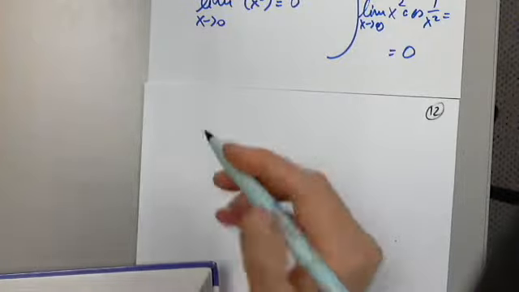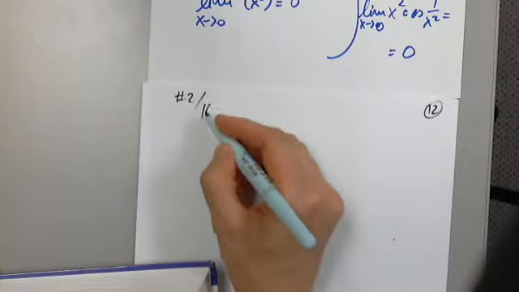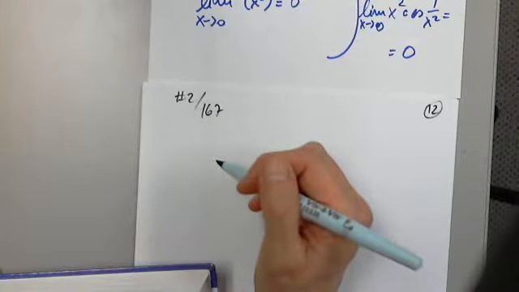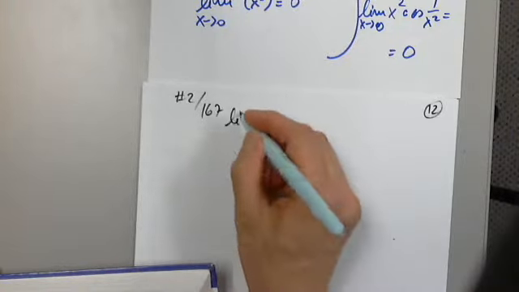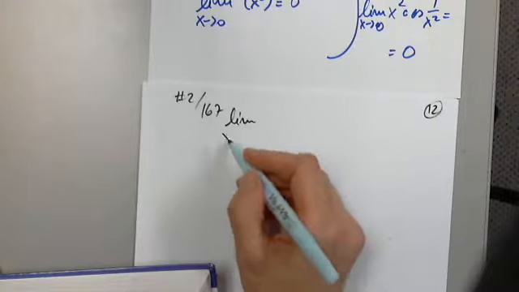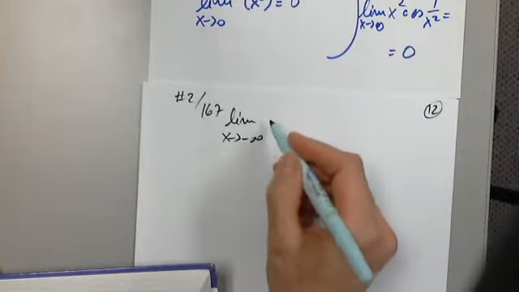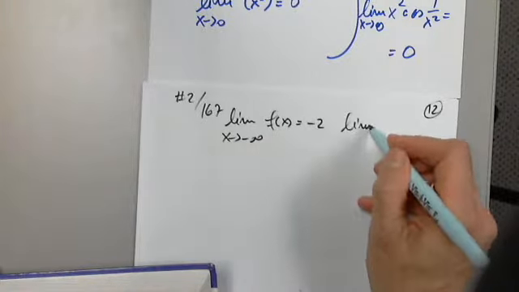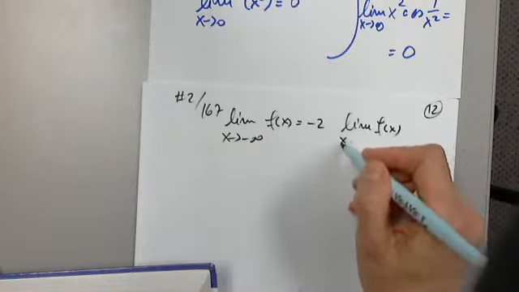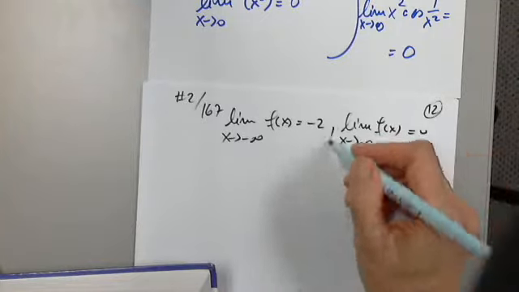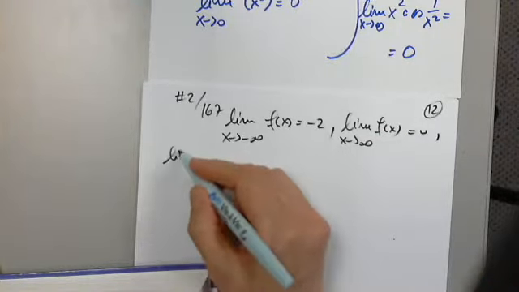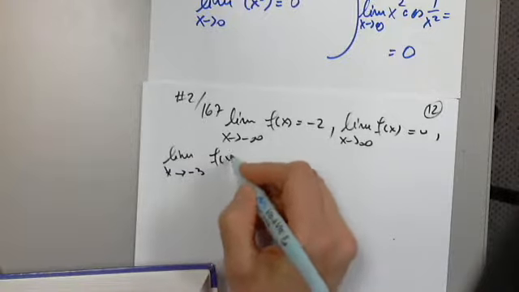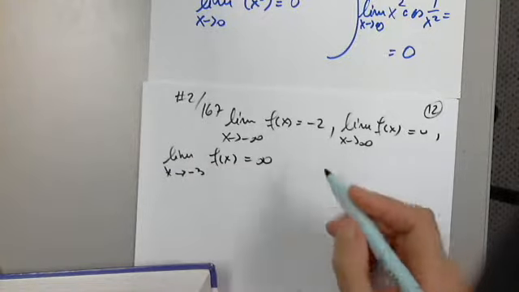Okay, let me do problem 2 on page 167. Sketch the graph of an example of a function f that satisfies all the given conditions. The limit of f of x as x approaches negative infinity is -2. The limit of f of x as x approaches infinity is 0. The limit as x approaches -3 of f of x is infinity.